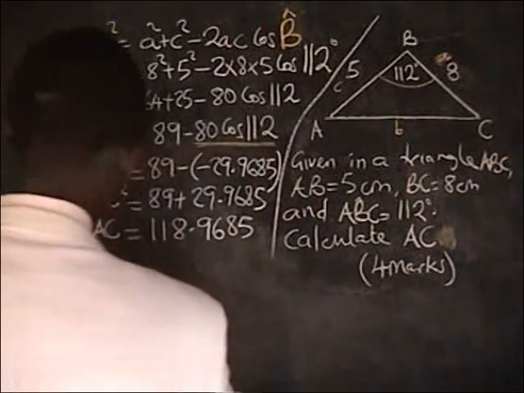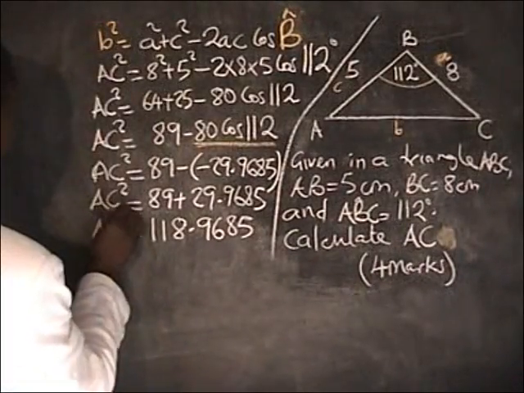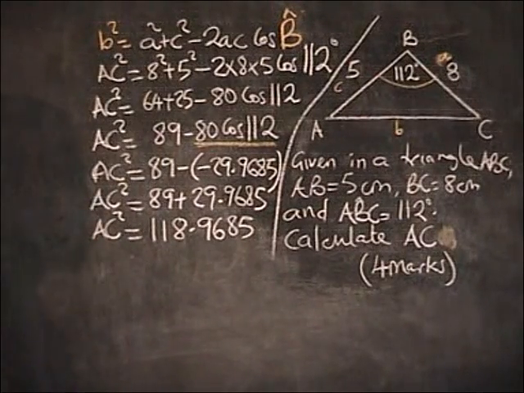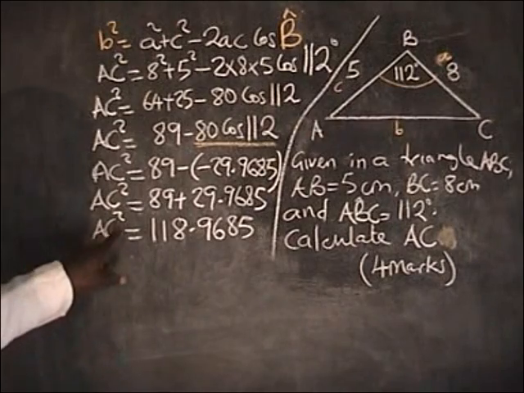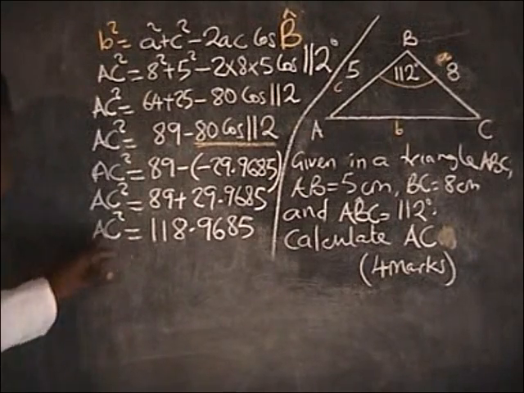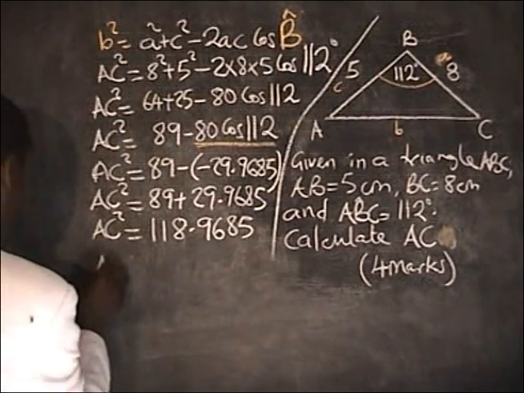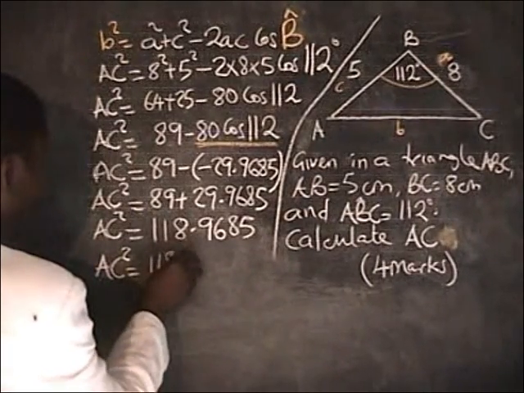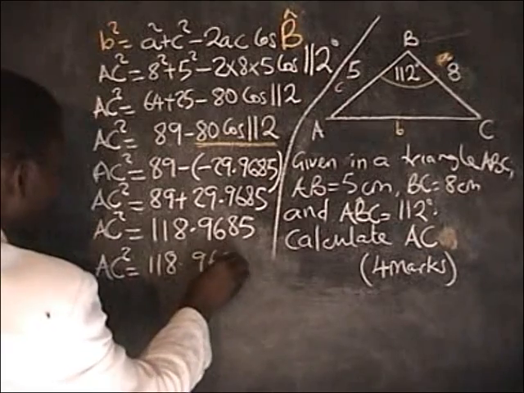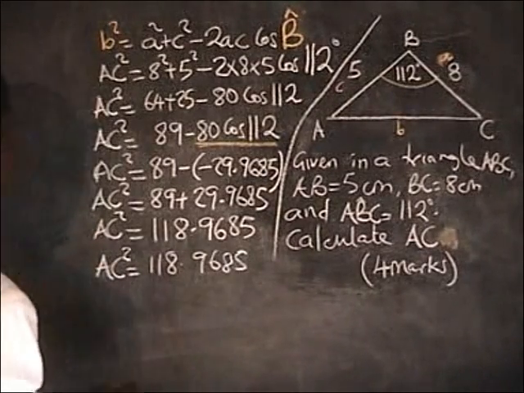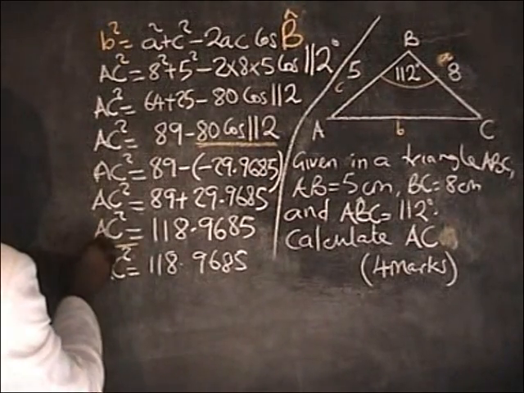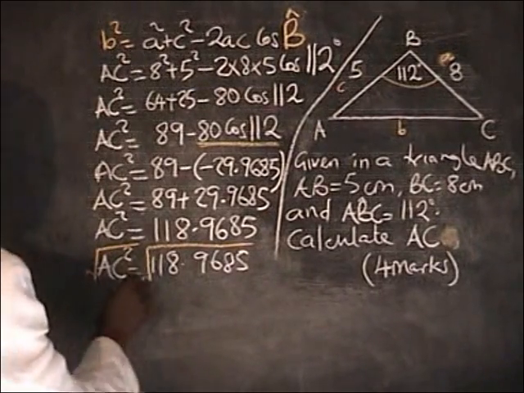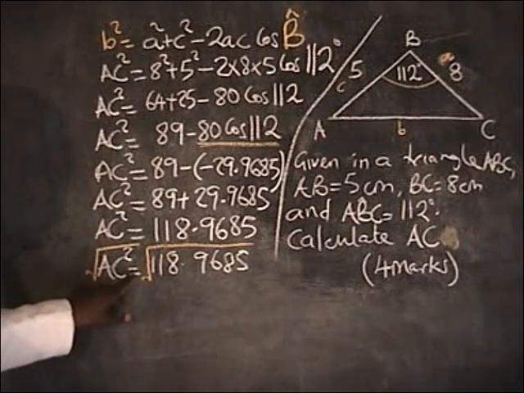What we have here is AC squared. Now we have to make AC the subject of the formula. We find ways and means of transferring that power to the other side of the equation. I repeat, AC squared equals 118.9685. If you bring in the square root this side, you have to bring in the square root that side too. Mind you, whatever is applied, there is an equal sign there.